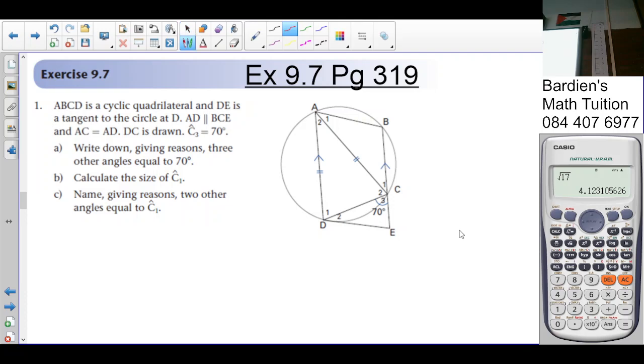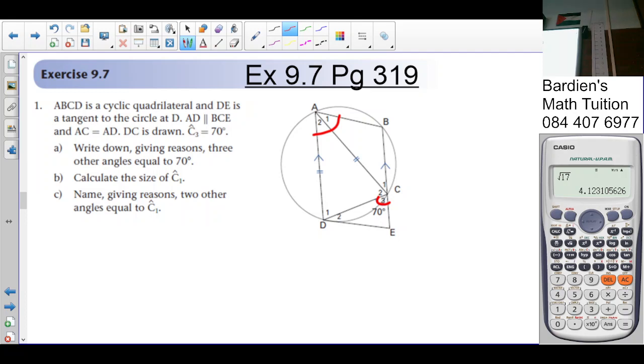Why? Exterior angle of a cyclic quad. Nice. What else? Also equal to D1? No, I'm talking for the fact that ABCD is a cyclic quad.